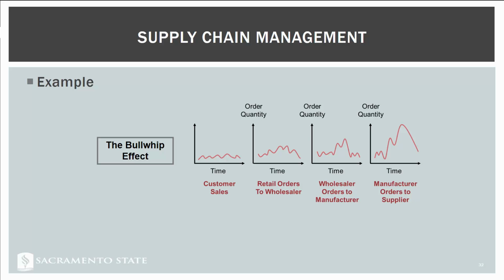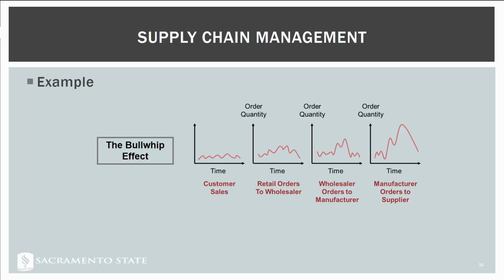Well, back in the retail operation, what happens if the customer sales the next month are almost none? All of a sudden the retailer says, well, we just made this huge order because we thought our product was going to be really hot and now no one's buying it. So let's just not order anymore.